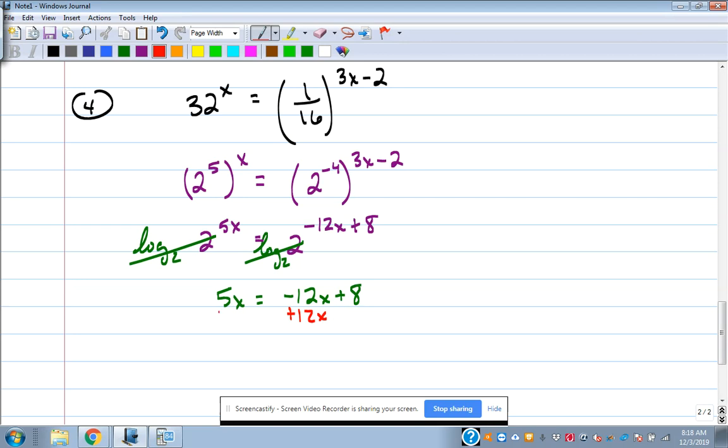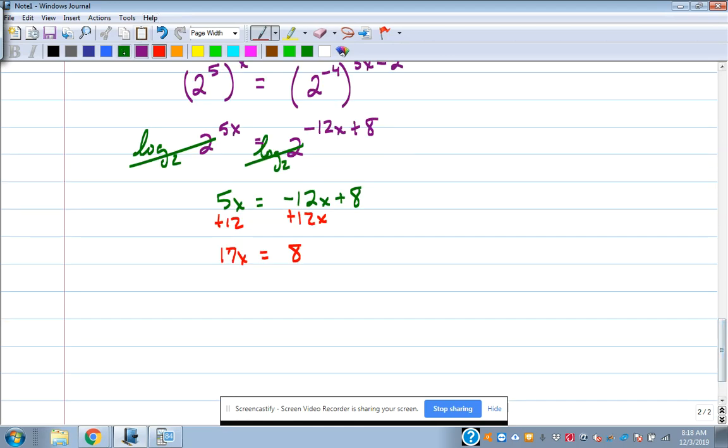Add 12x. 17x equals 8. Fraction answer. That's okay. That happens.